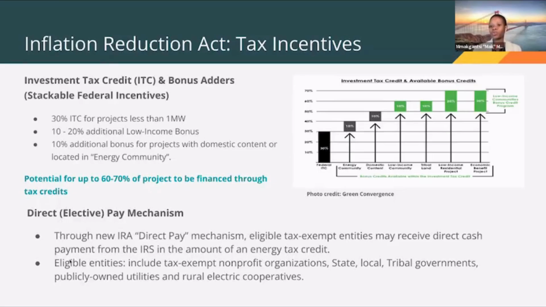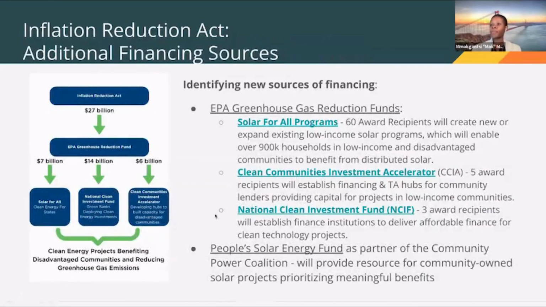So, it does away with the need to have a tax appetite for leveraging this ITC. So that is really one of the game changers coming out of the IRA for financing community solar projects.